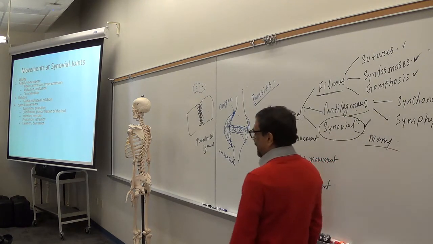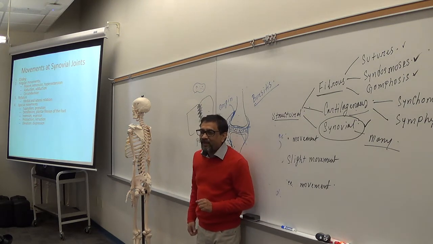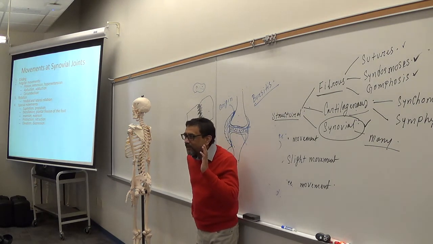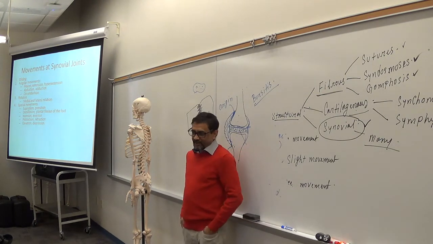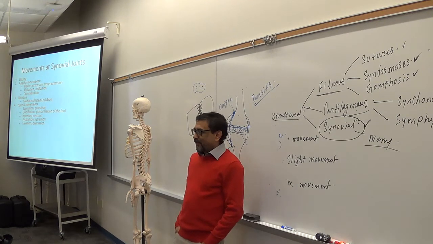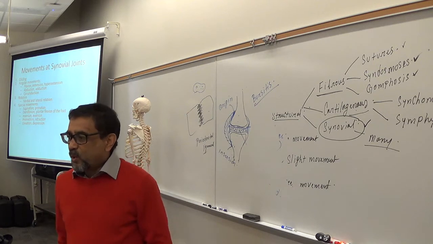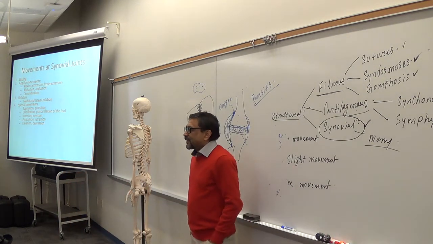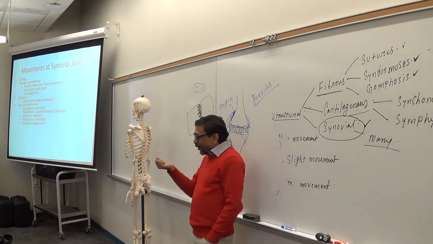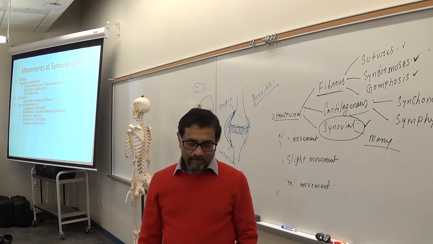Then protraction and retraction. Have you seen protruded mandible? Have you heard that word? Protruded mandible. The mandible is pushed kind of outwards, right? Forward. So that is protraction. If the bone moves outwards or forwards, that is called protraction. And moving backwards is retraction, pulling back.